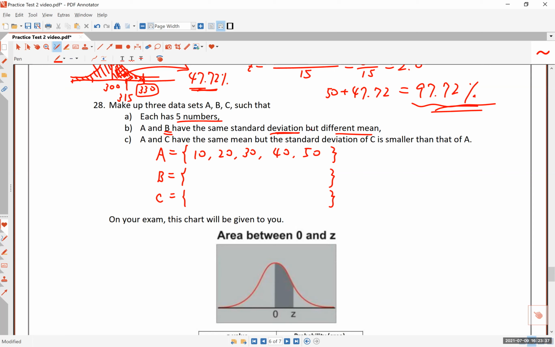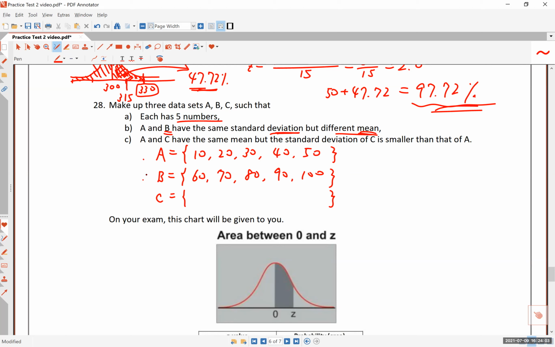So that means I need to have these 5 numbers so that they are 10 apart, and the middle one is the mean. The mean has to be different, okay? So for instance, I can pick the next 5 numbers that are 10 apart, 60, 70, 80, 90, 100. Now, I don't know what the standard deviation is. By the way, the standard deviation of A and B are not equal to 10.